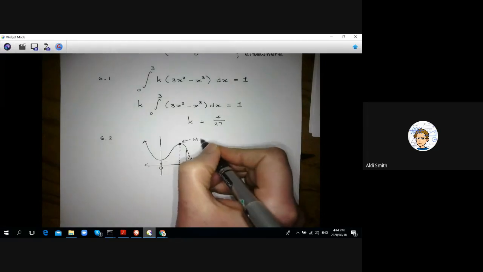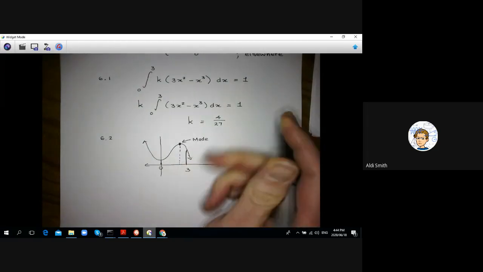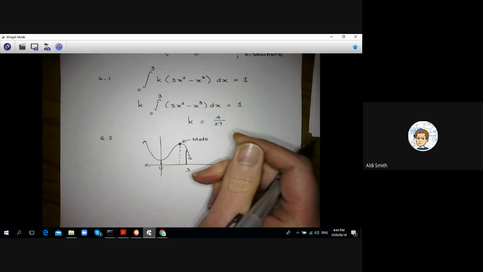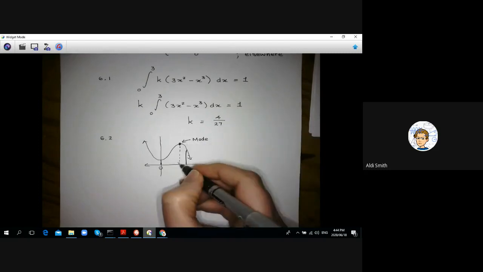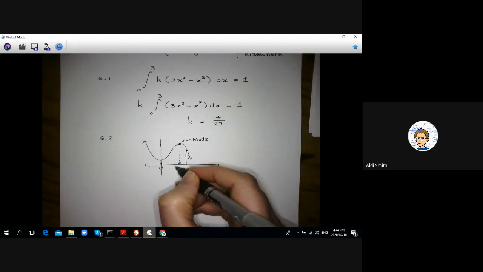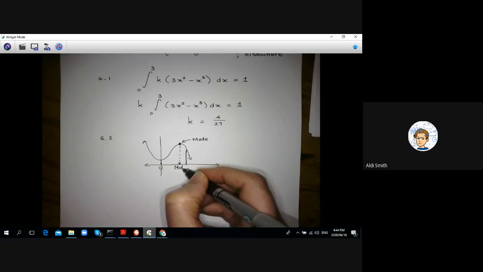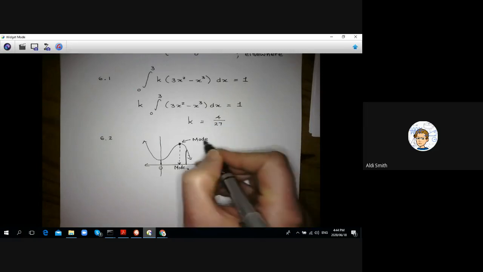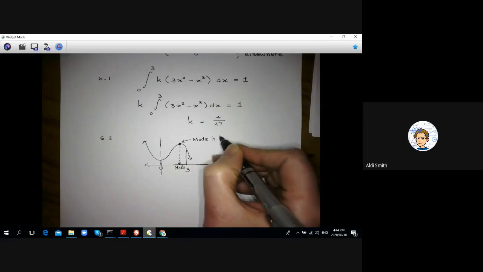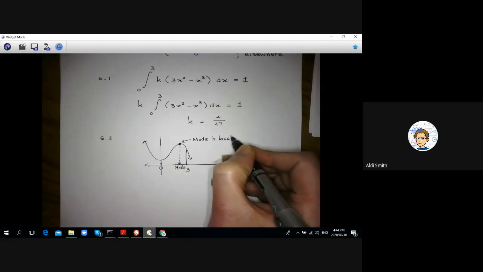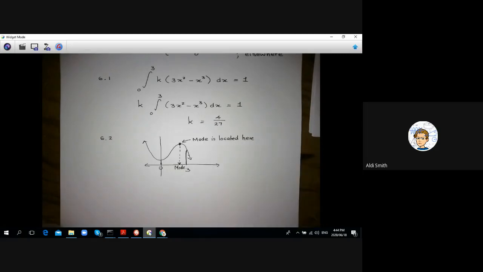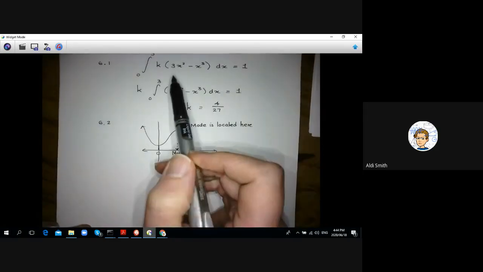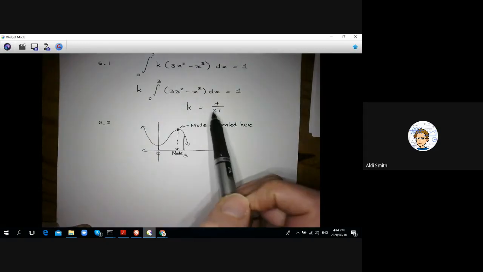And this is why suddenly now, instead of working out the area underneath the curve, I'm going to have to work out the turning point. It's only with a mode that I have to work out the turning point. I should rather say this isn't my mode, this is where the mode is located. So I'm now going to take this function, but obviously I now know that k is equal to 4 over 27.